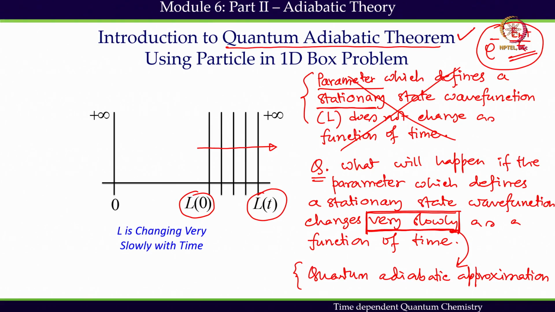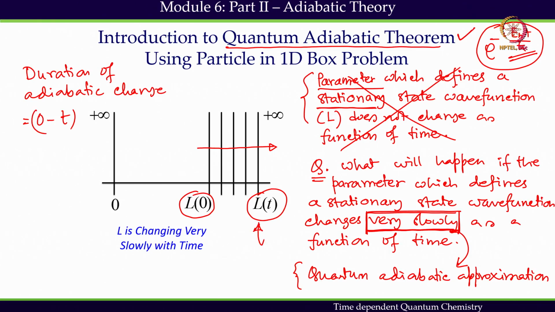So, the duration of the adiabatic change, when I say adiabatic change, it is a slow change, is 0 to t. And the aim of the quantum adiabatic theorem is at exploring the wave function after the adiabatic process is turned off. So, that's the problem we have at hand.